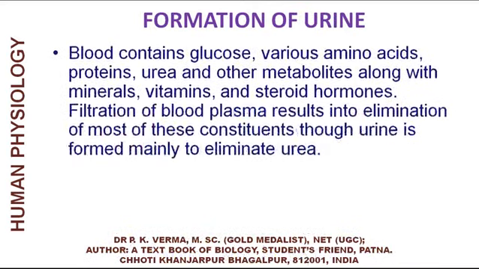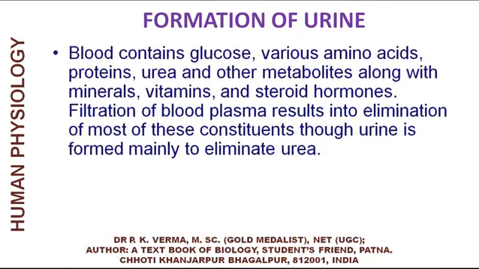You know that blood contains glucose, various amino acids, proteins, urea, and other metabolites, along with minerals, vitamins, and steroid hormones.